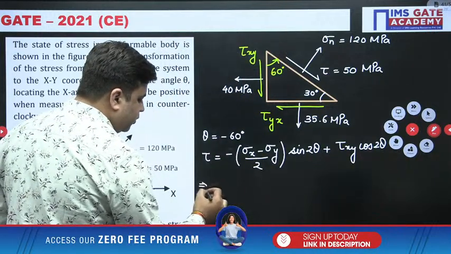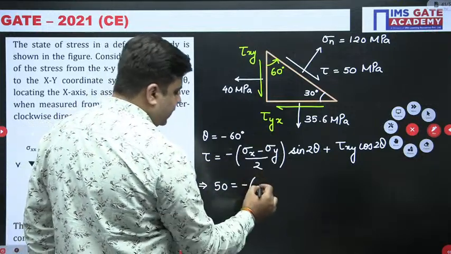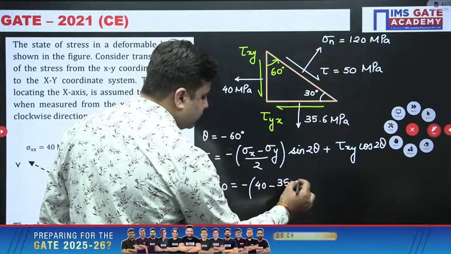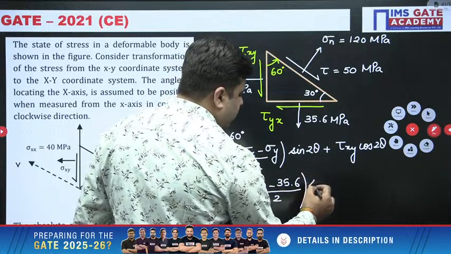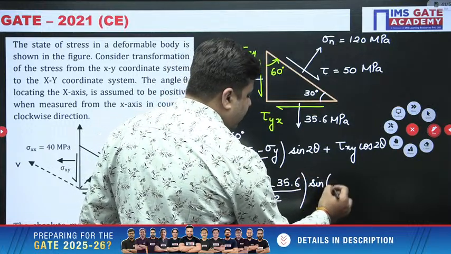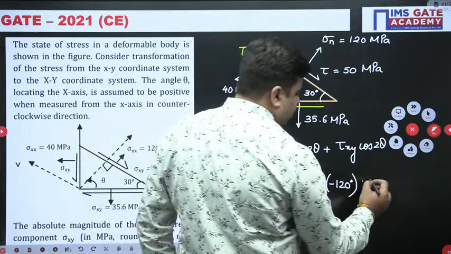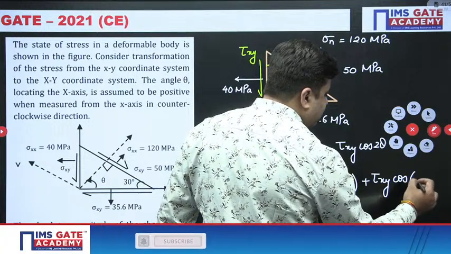Tau is given to you as 50, which is equal to minus of (40 minus (minus 35.6)) divided by 2, sine 2 theta means sine of minus 120 degrees, plus tau xy cos of minus 120 degrees.